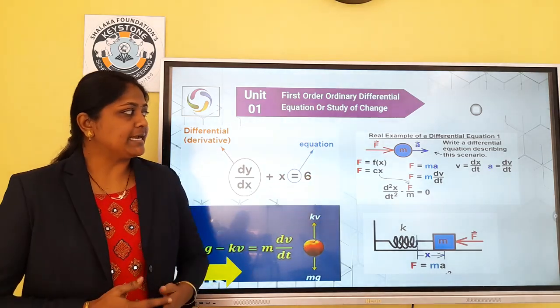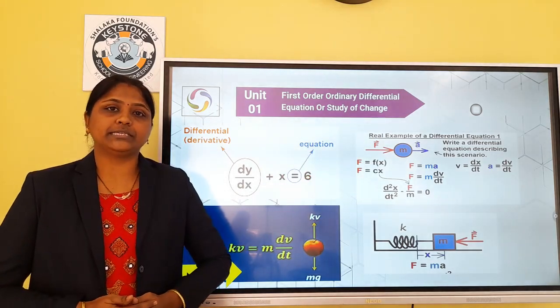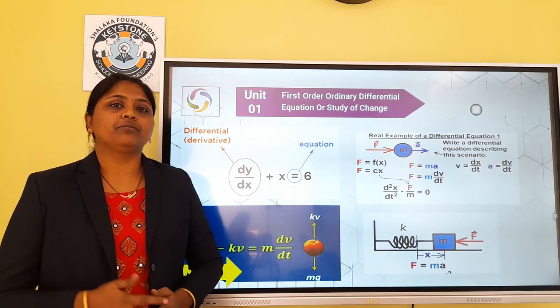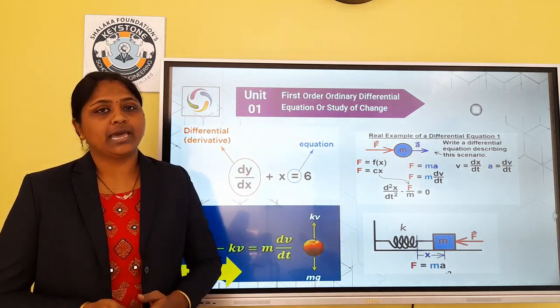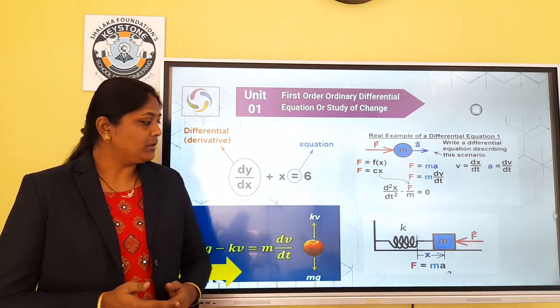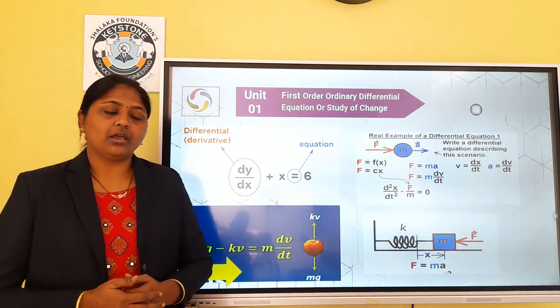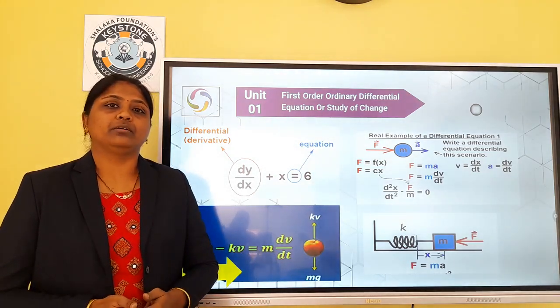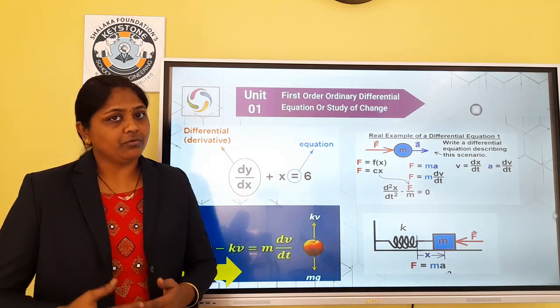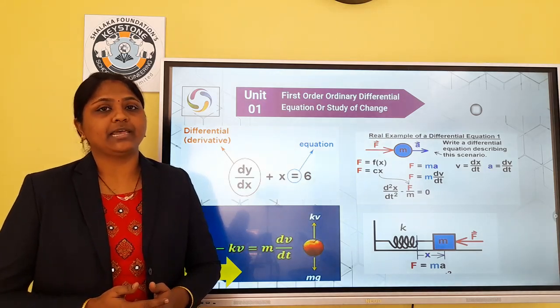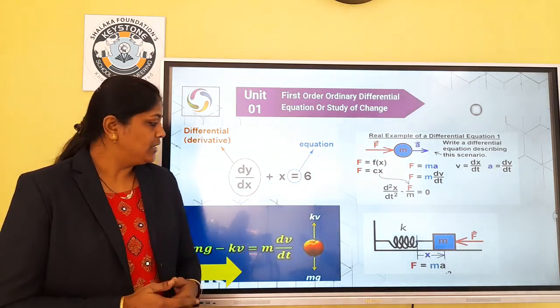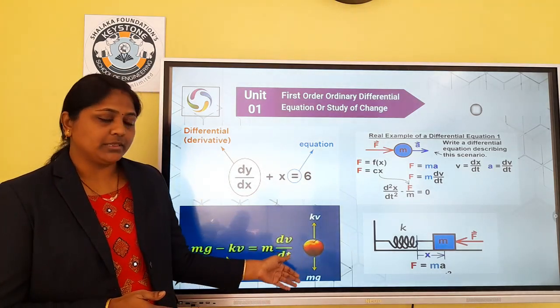So, what is Newton's second law of motion? You know from physics, Newton's second law of motion: force is equal to mass into acceleration. Suppose an apple falls, then how many forces are acting on that apple? You know, the gravitational force is acting on the apple as well as there is air resistance. So there are two forces acting on this apple.